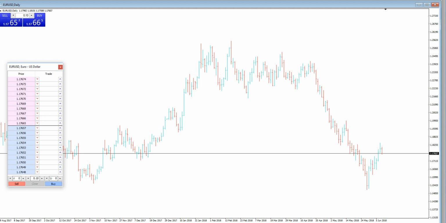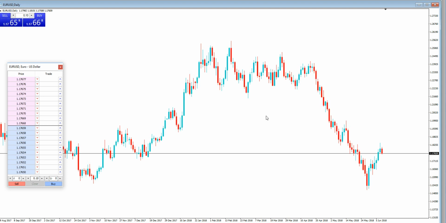They also use candlesticks. These are probably most popular. So in this case they are more solid, and they will leave a wick. That's why they're called candles.